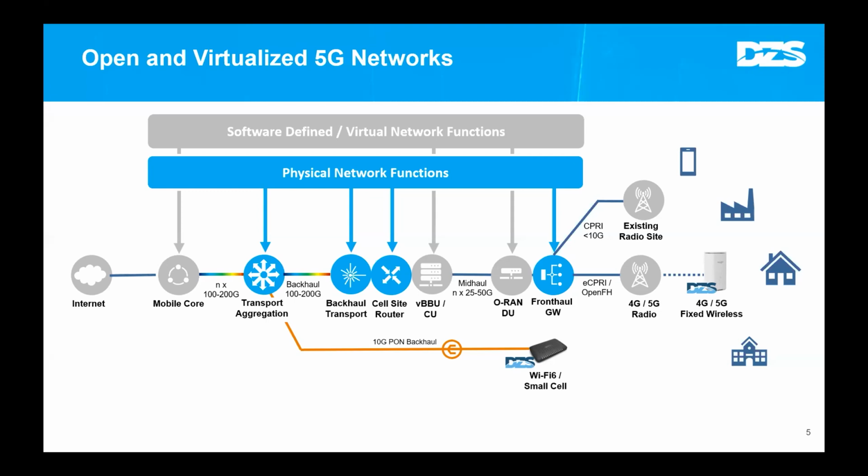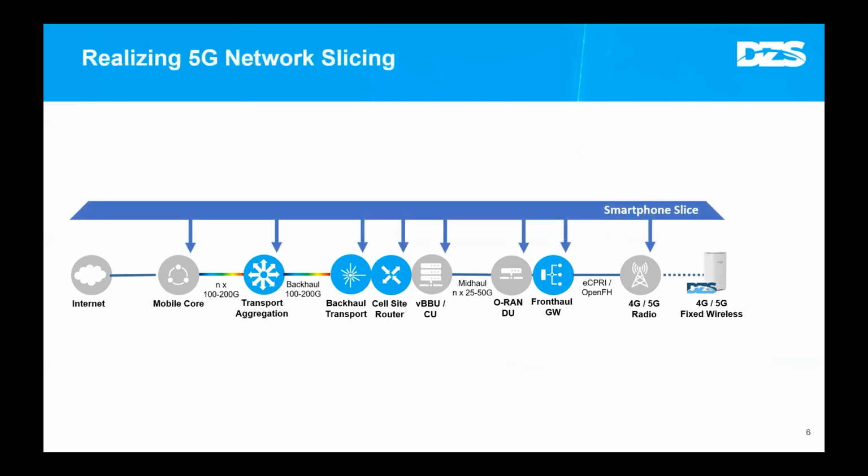So now that we've talked about the network, and the distinction between software-defined and physical network functions, we should talk about network slicing and what it is. Simplifying further this diagram that we have here, one of the criteria for network slicing according to standards is that you must support at least one slice typically.